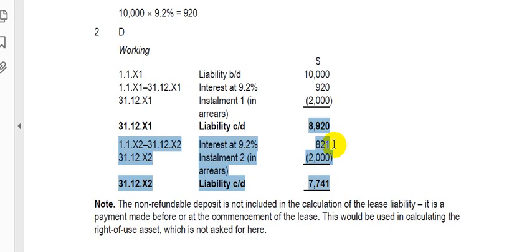So the lease liability at 31st December X2 of 7,741 becomes the non-current liability of December X1, and the difference between the 8,920 and the 7,741 becomes the current liability portion for December X1, which is 1,179.